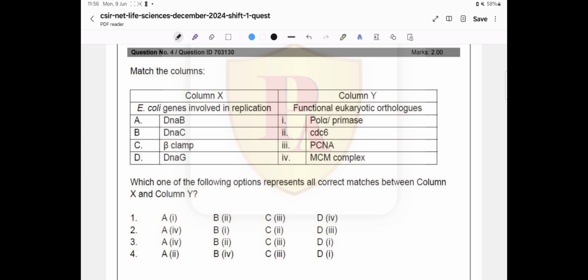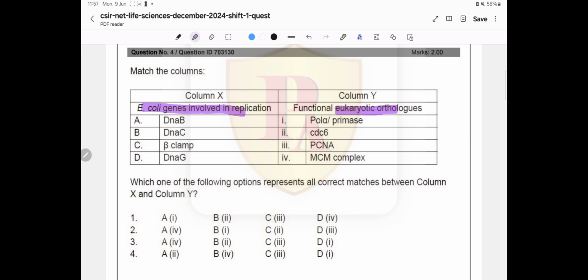And basically we have to match the functions of the enzymes, where the function is similar in eukaryotic DNA replication and prokaryotic DNA replication. So here is the E. coli genes, which is prokaryote, and there is eukaryote.